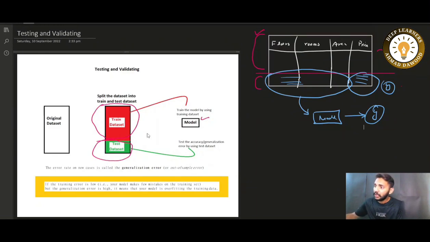So when we are doing our training, we do scaling or transformation usually before feeding our training data to our model.